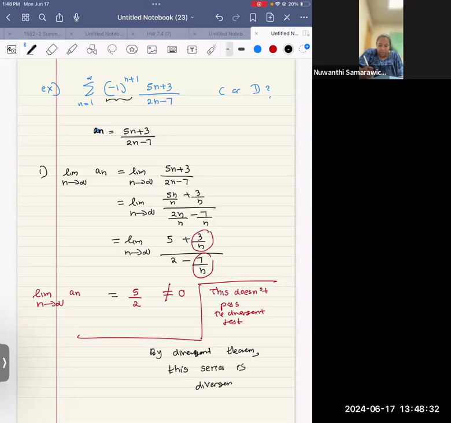We cannot use the alternating series test; the alternating series test fails because we found that this limit is not equal to 0.